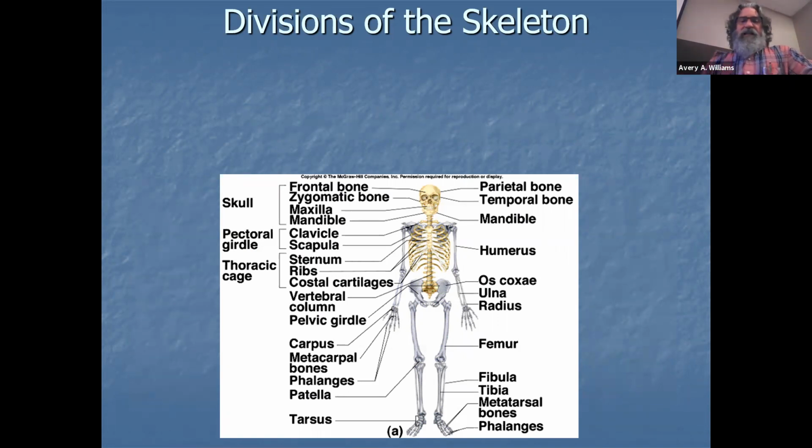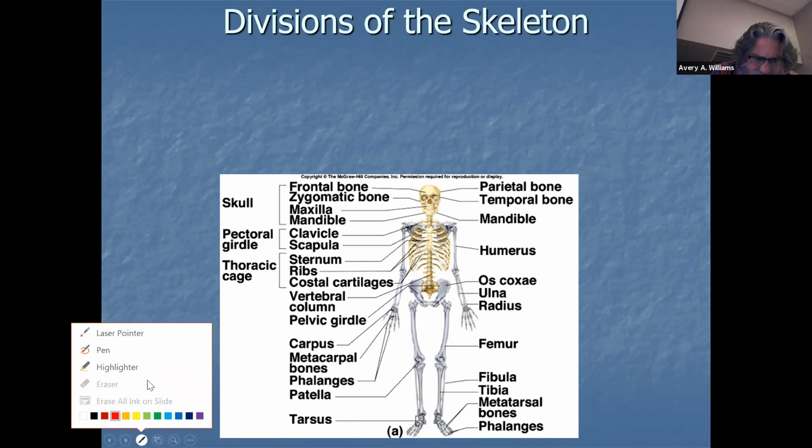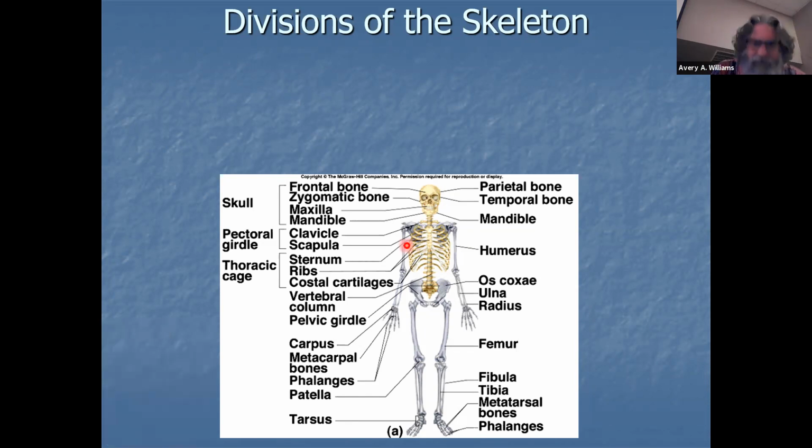And so, like everything else in this course, and pretty much in biology, or maybe science in general, we like to categorize and classify and group things, so we do the same thing to the skeleton. So let me find my pointer here. I think that's it right there.